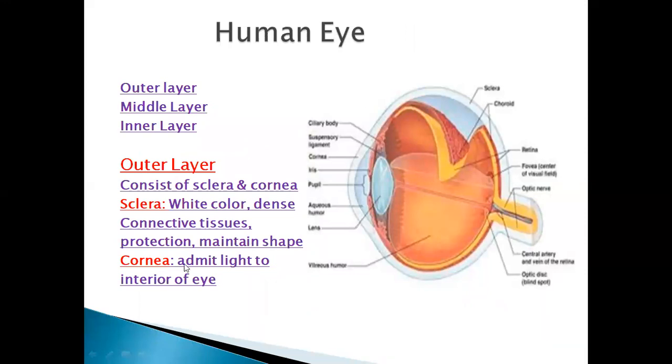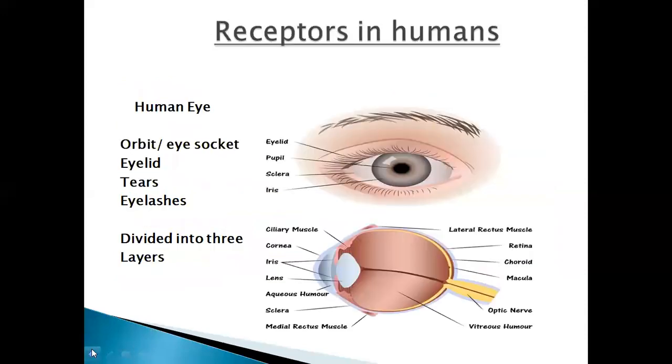providing protection and maintaining the shape of your eyes. Next to it is the cornea, which admits light to the interior of the eye. So here you can see the cornea, this one. This is the outermost sclera, and next to it is the cornea.